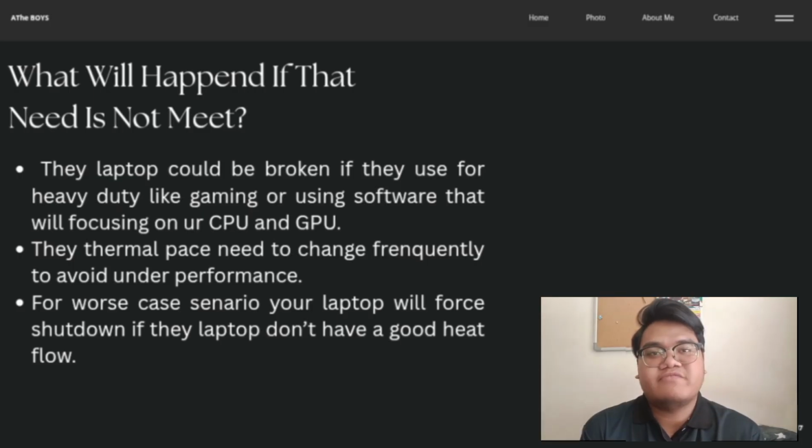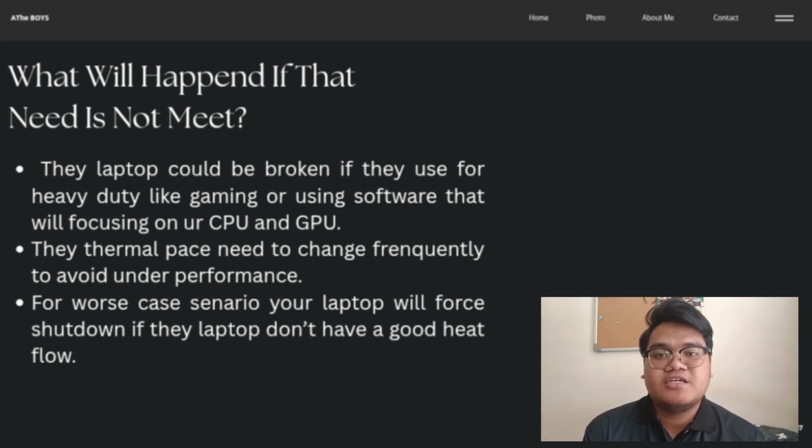What will happen if this need is not met? If this problem is not solved, the consequences can be serious. Firstly, the laptop may become permanently damaged, especially when used for heavy tasks such as gaming, video editing, or software that heavily uses the CPU and GPU.